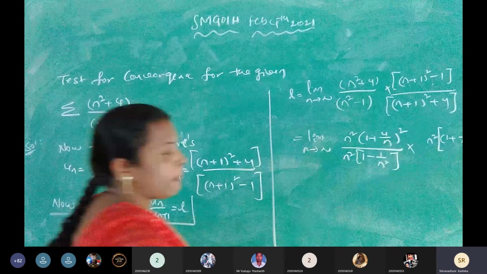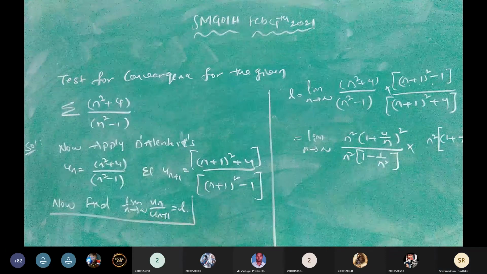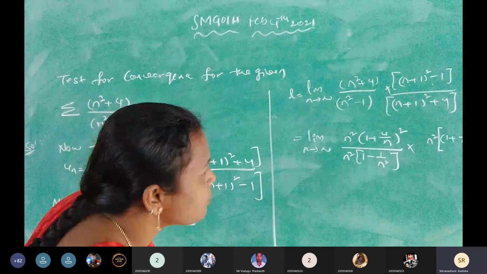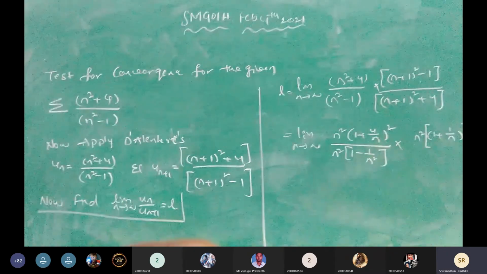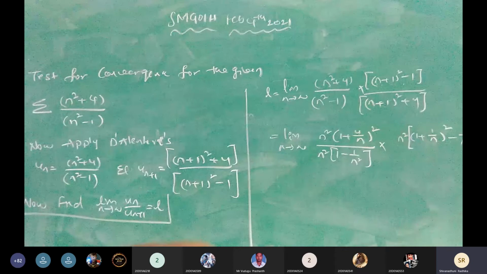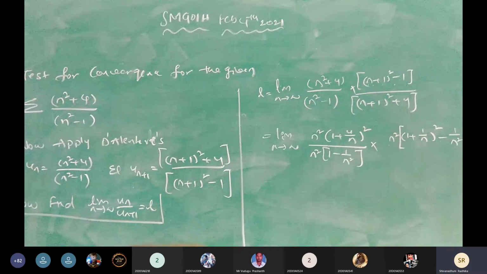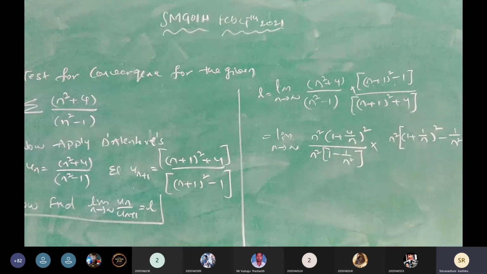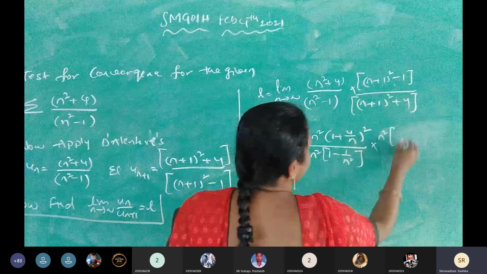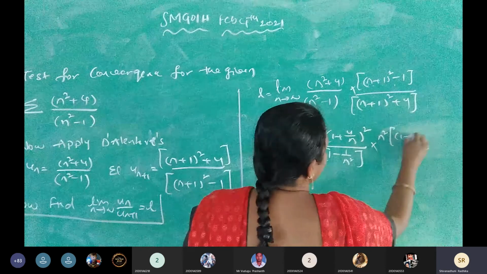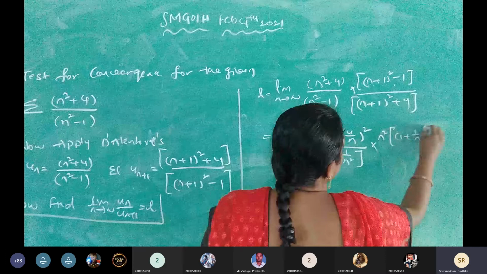So in the numerator we get 1 plus 1 by n whole square minus 1 by n square.